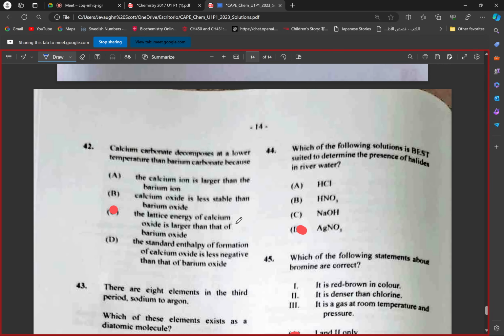The thermal decomposition though, how does lattice energy fare with thermal decomposition?